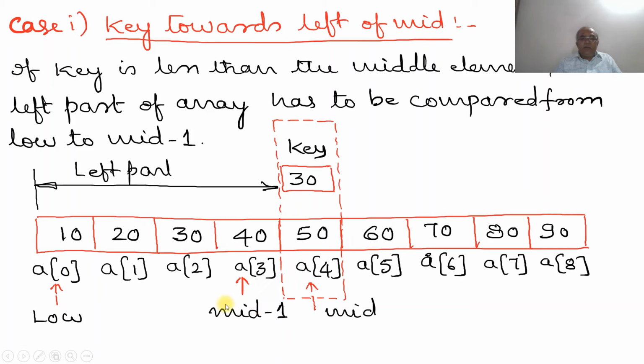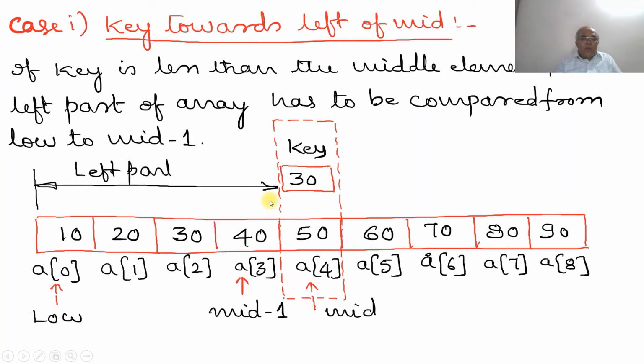Because mid is this, so the next element is mid minus 1. So the lowest position is 0 and the highest is mid minus 1. If 30 is the element I need to search, is key equal to a of mid? No, because a of mid is 50 but the key I need to search is 30. So naturally it should go to the left side, and we need to search there.